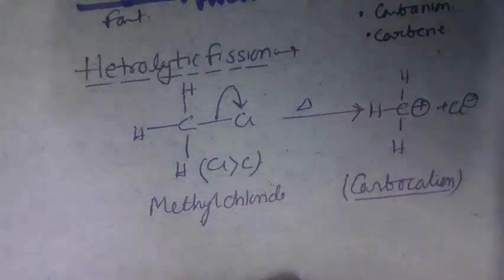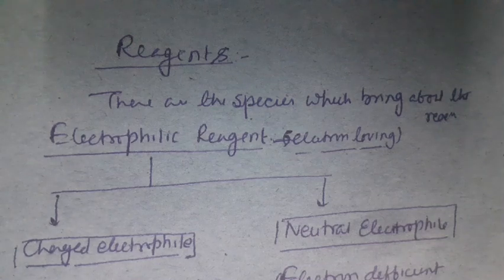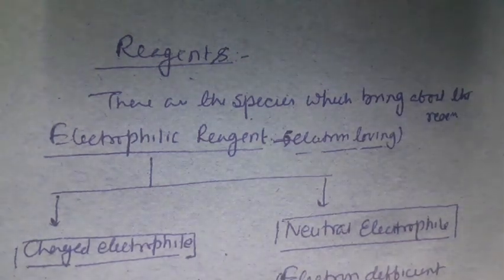So, the two types of bond fission, this is a very important topic, and this is the reagent. Now, what are reagents? Reagents are the species which are responsible for bringing about a chemical reaction.